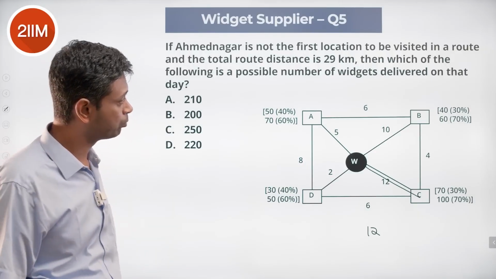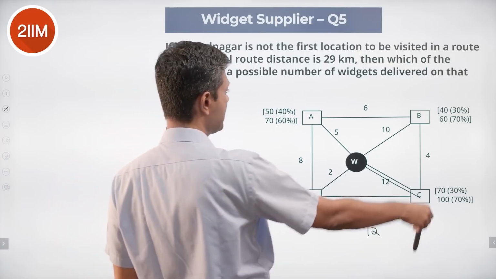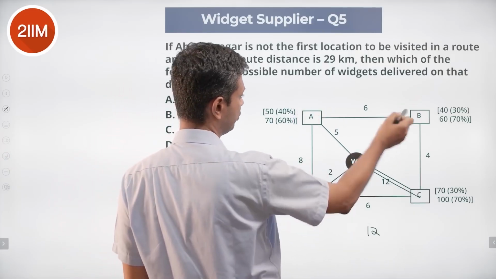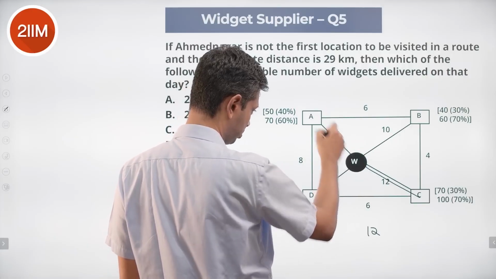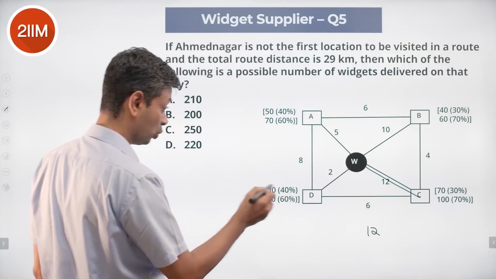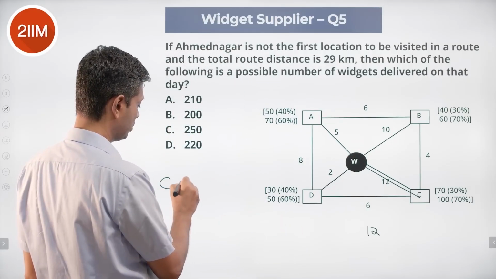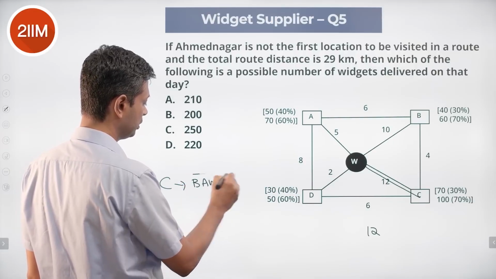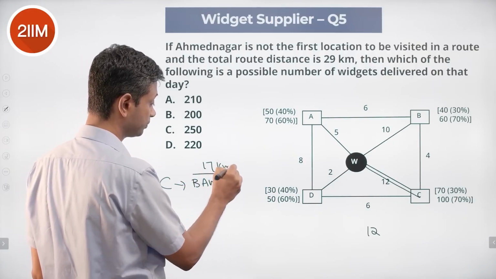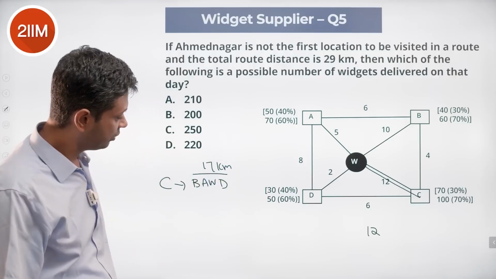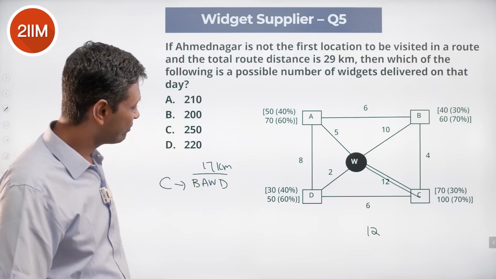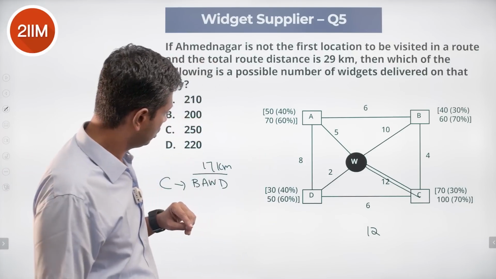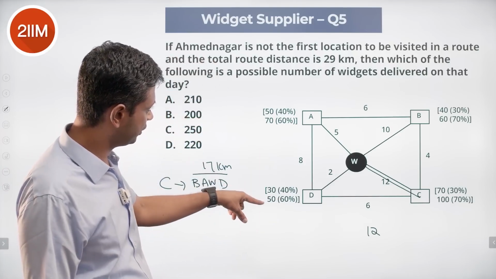Right, from C, I could do a BAD, 4 plus 6, 10 plus 17, 19. So from C, I could end up doing a BAWD. This will be 17 kilometers. That's a possibility. Fine. From C, I will not go to D because this 30 and 50.